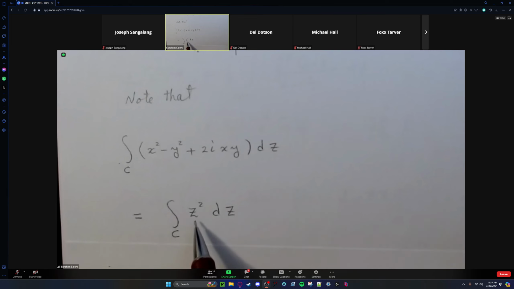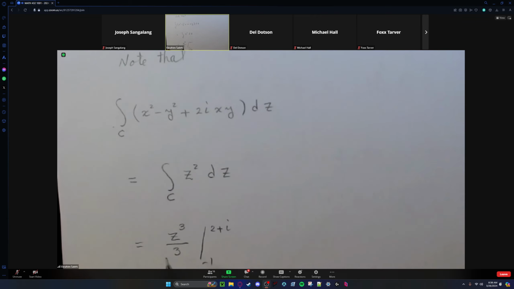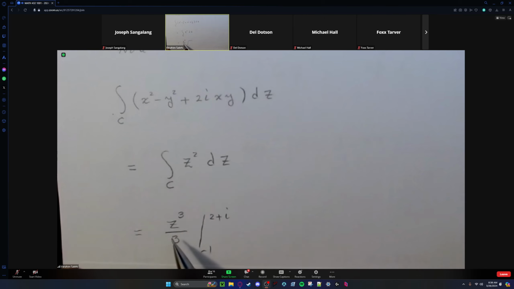And as soon as you have an analytic function or a function that has antiderivative, the value of the integral doesn't depend on the curve, is independent of the curve. It's just antiderivative. It's like calculus 1. All right? It's just like calculus 1. You take antiderivative from -1 to that point.